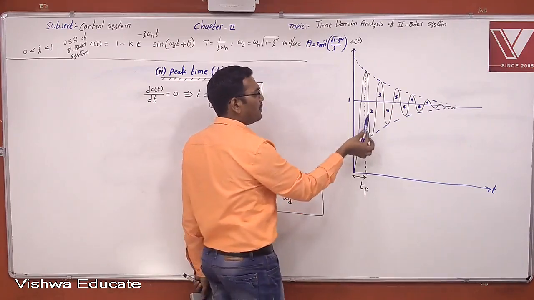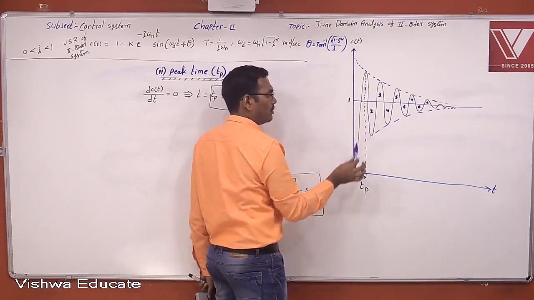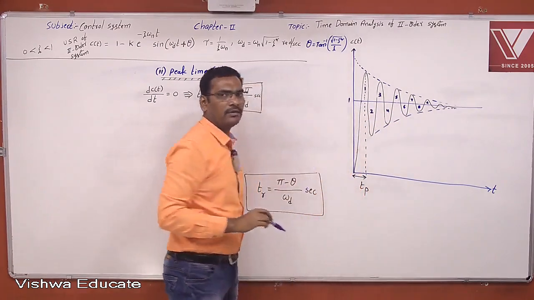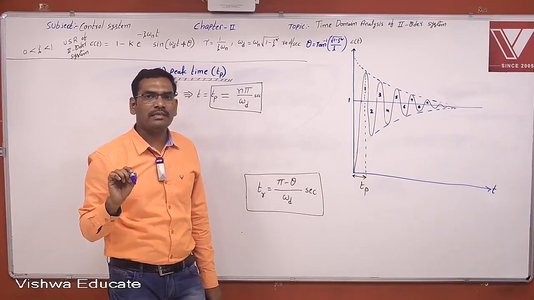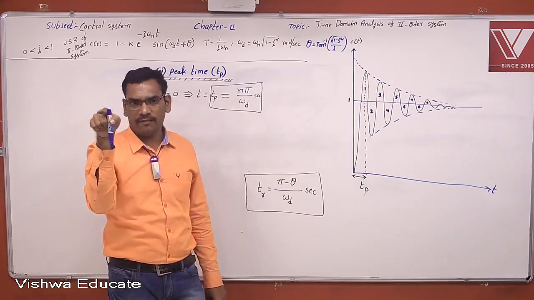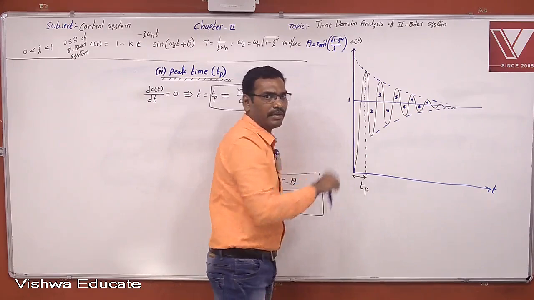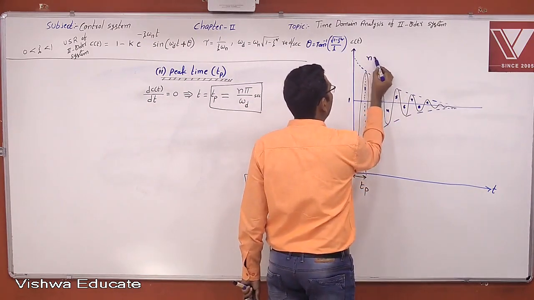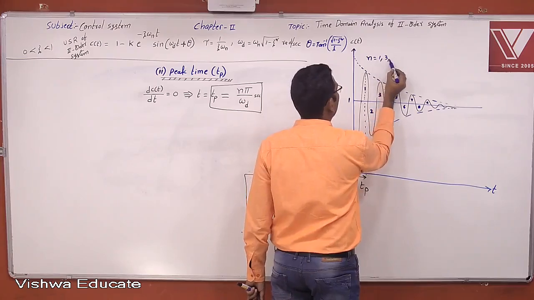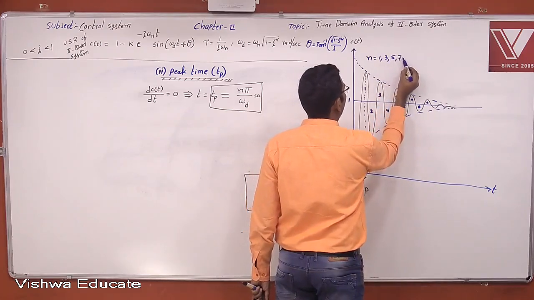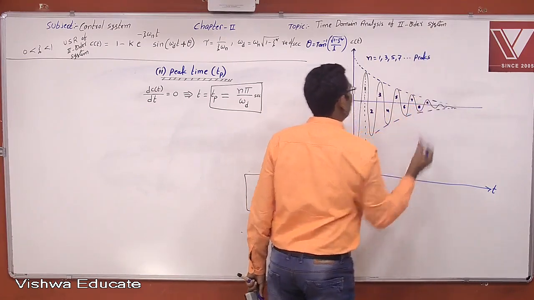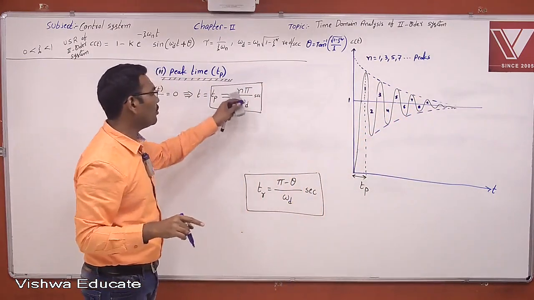Some students say the second peak is n equal to 2, but that is wrong. The peak is with respect to the steady state value. In an underdamped response, in a practical response, there is a reference level. With respect to the reference level, the peaks are at n equal to 1, 3, 5, 7 and so on.